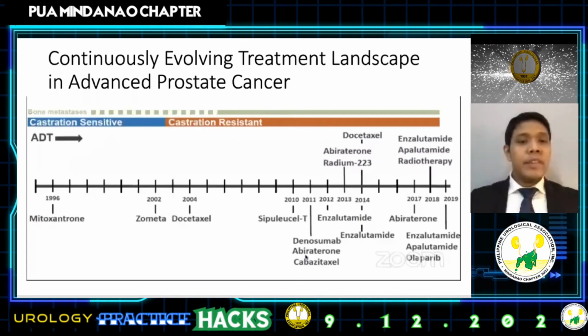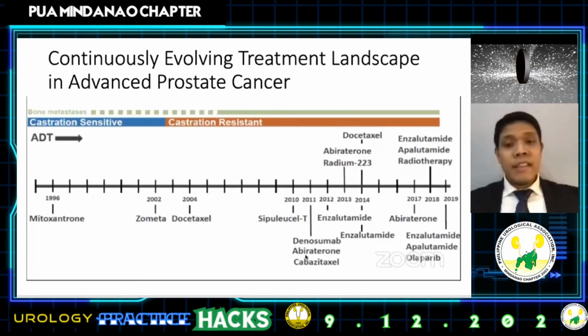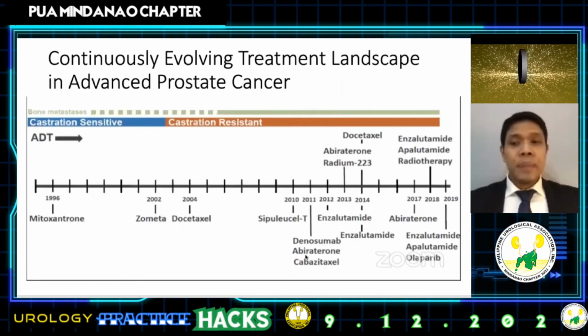Quick review, we see that the prostate cancer treatment landscape is rapidly changing. In particular, agents used late in the disease, meaning in the castrate-resistant disease space, are now being introduced as upfront therapies for metastatic prostate cancer at the earliest hormone-sensitive disease space.